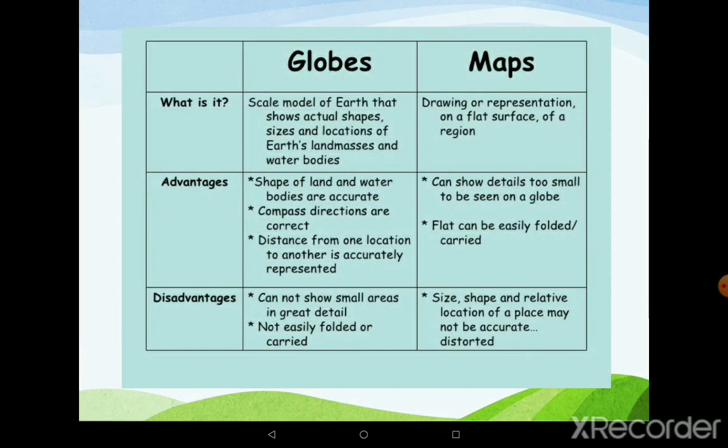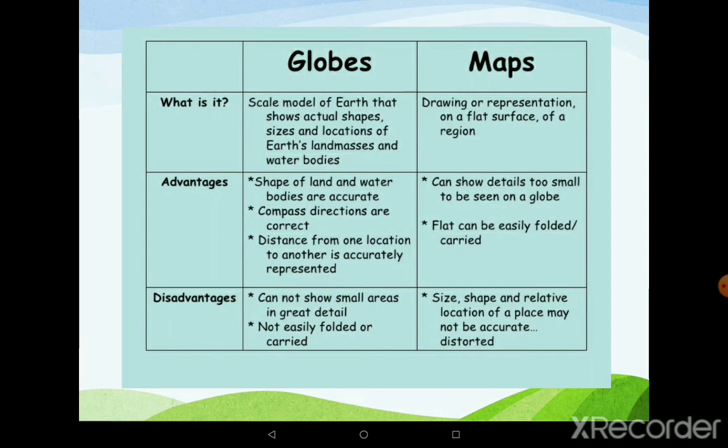Actually, what is a globe? A scale model of the earth that shows the actual shapes, size and location of the earth's land masses and water bodies. You can say a globe is a model of the earth and a map is a drawing of the whole earth or a part of it on a flat surface.